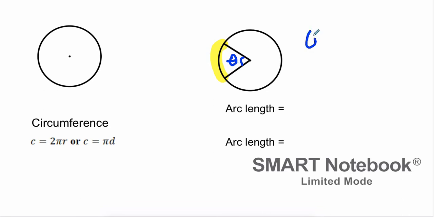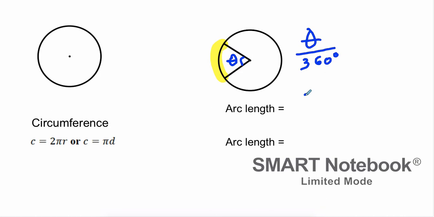So it will be proportional to the angle theta out of the whole round in the circle, which is 360 degrees. This is the fraction, how big the arc is proportionally to the whole circumference of the circle.